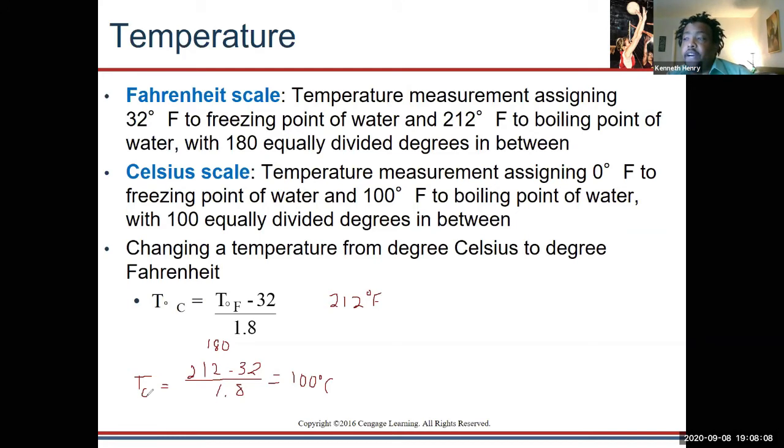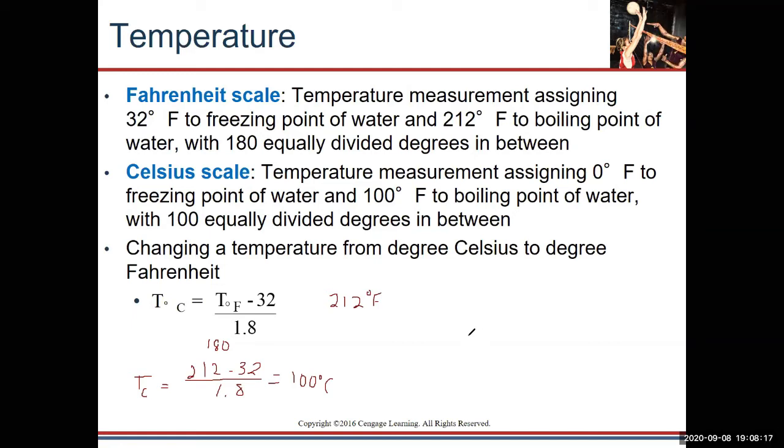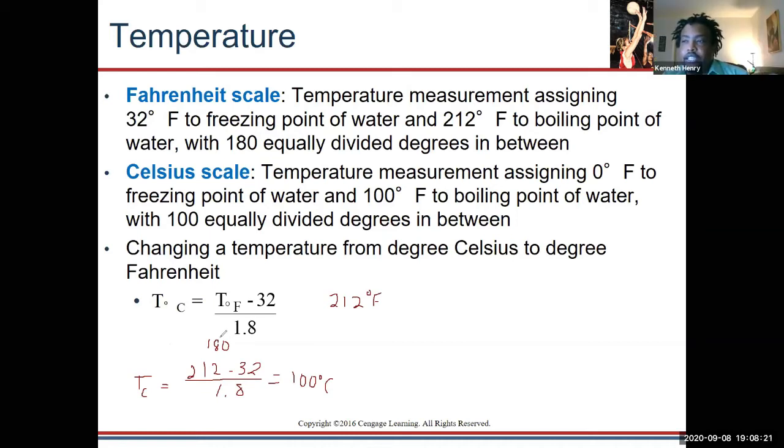Okay, so let's modify this equation, right? You guys are great at algebra, right? You aced that class when you had it back in the day. Yes. Excellent. That's good to hear. So let's modify this equation algebraically so that we're solving for TF.